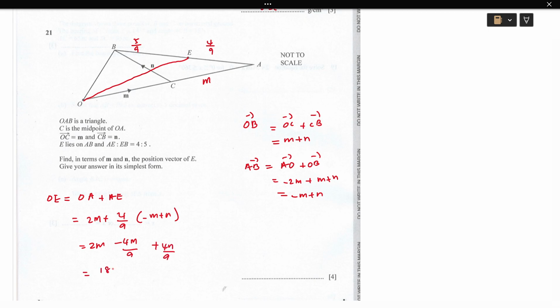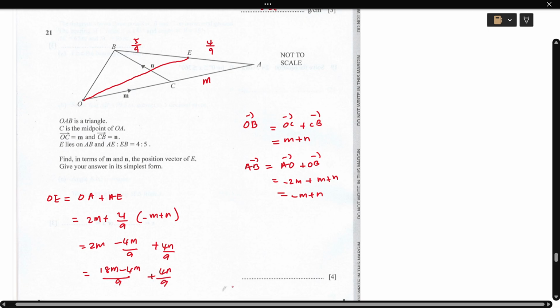When I take the LCM, it is 18m minus 4m by 9 plus 4n by 9. So the final answer is OE vector equals 18 minus 4, which is 14 over 9m plus 4 over 9n. That is the correct answer.